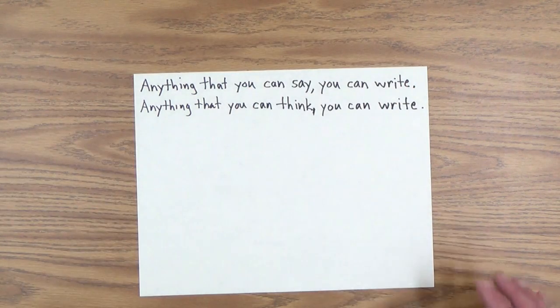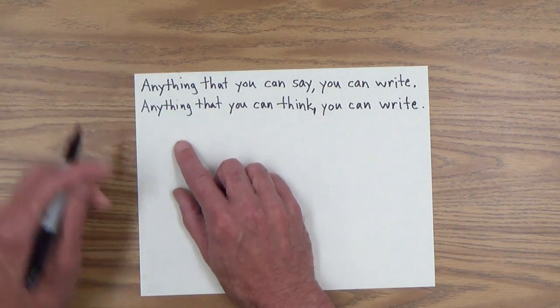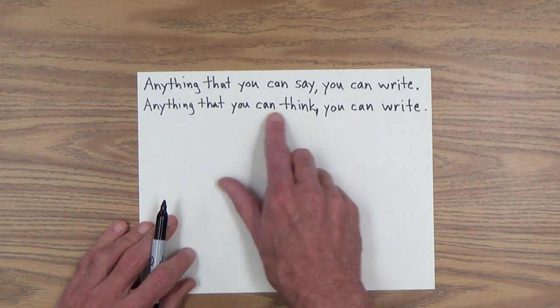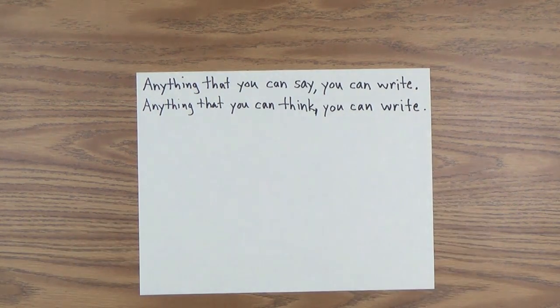And you could tell your child, here's what this says. You could read it for her. Anything that you can think, you can write. And you prove that to her by writing it out silently. You were thinking it and you wrote it out.